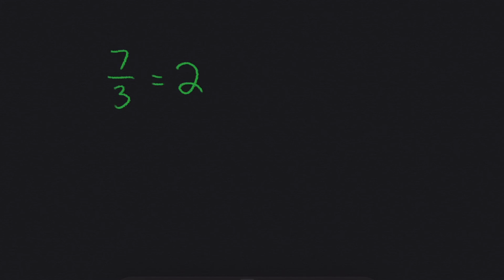That's 6, and 6 is 1 less than 7. So 3 goes into 7 twice, and it has 1 left over. And that's all there is to it. Ask yourself how many times 3 goes into 7: twice, and there's 1 left over. I hope that helped, and good luck.